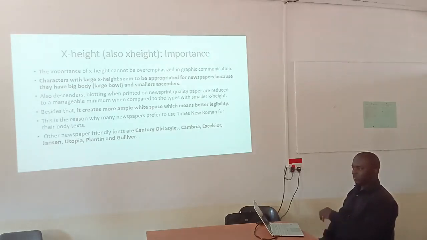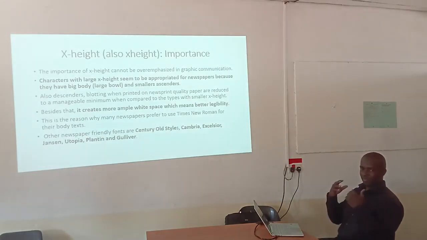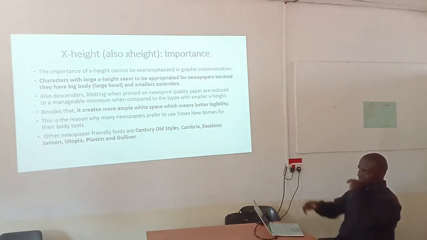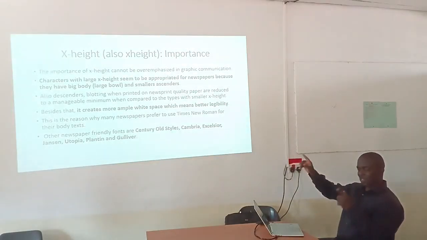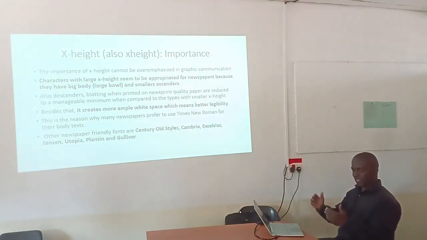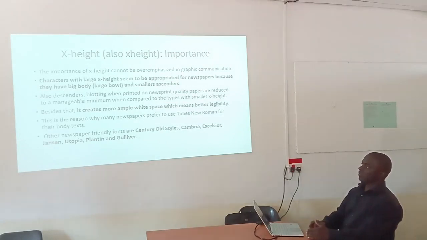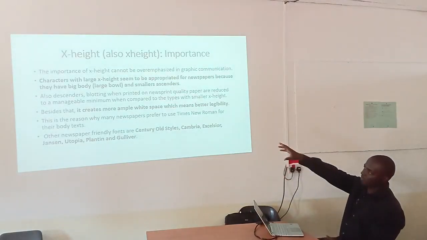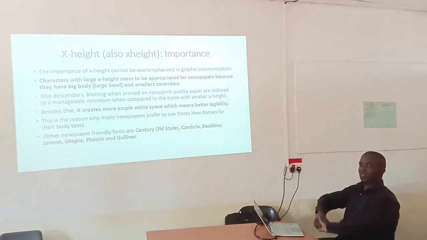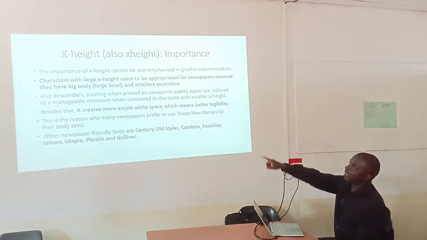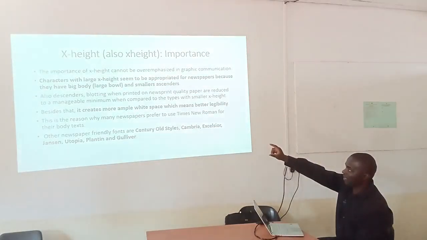So this is for people who are into newspaper production, right? These elements we are talking about, they are the ones they look for in play. I think you have seen before, whereby in newspaper columns, it will start with a character, and that character will go over 3 lines, right? At the beginning, right?